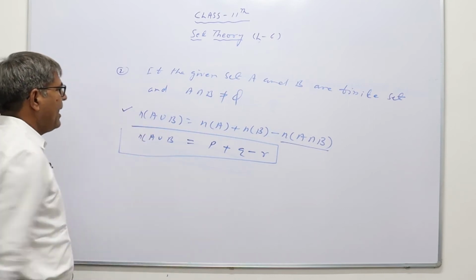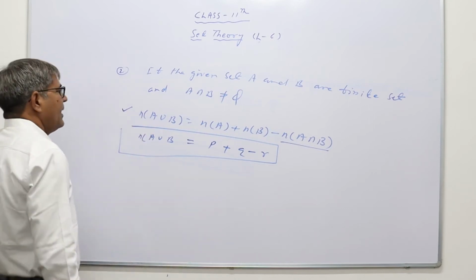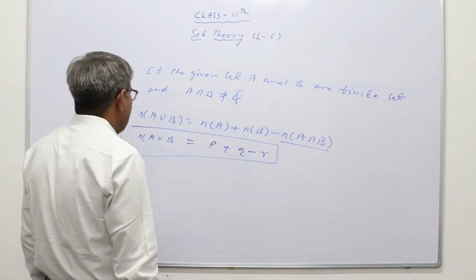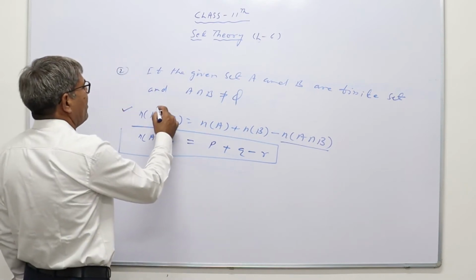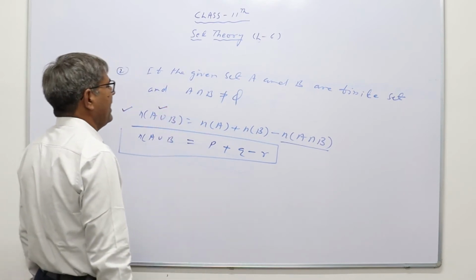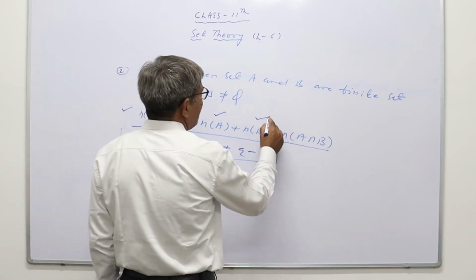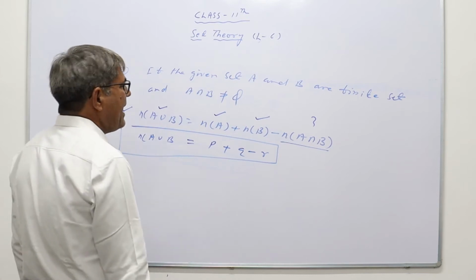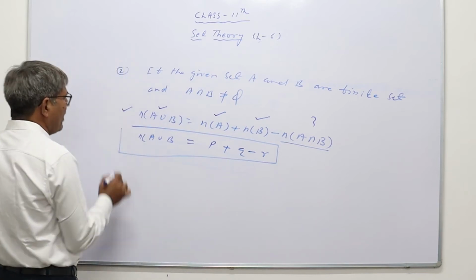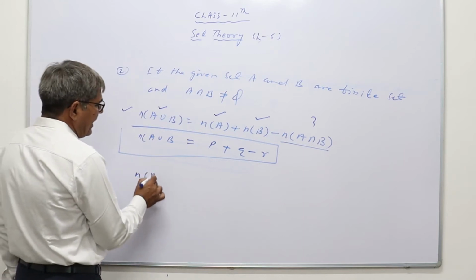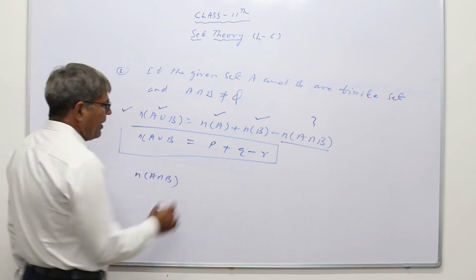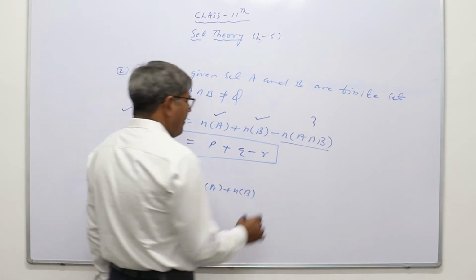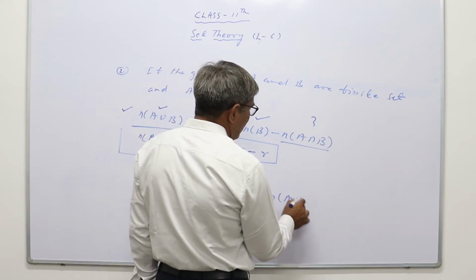So this is the application part. Now, out of these four quantities, if n(A union B), n(A) and n(B) are given, and we have to find the number of elements in A intersection B, then using this formula we can find n(A intersection B) equals n(A) plus n(B) minus n(A union B).